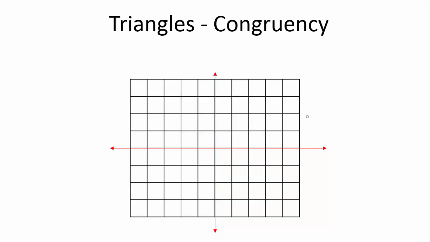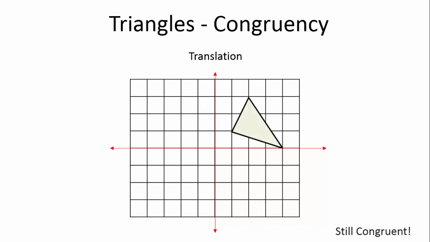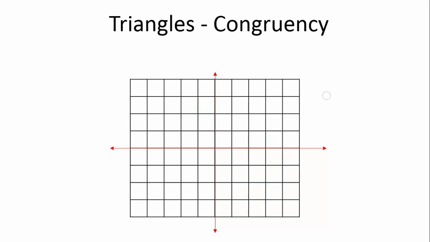The angles are also the same. Let's now look at translation. We have a triangle, and we move that triangle to the left, for example, the same amount of places. This is still a congruent triangle because all the lengths and the angles are all the same.